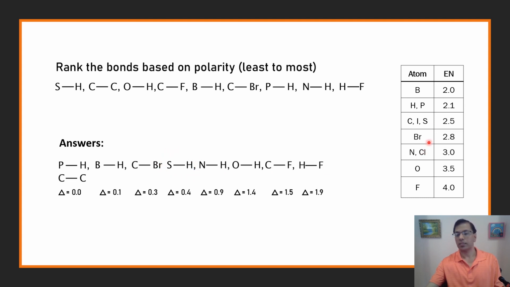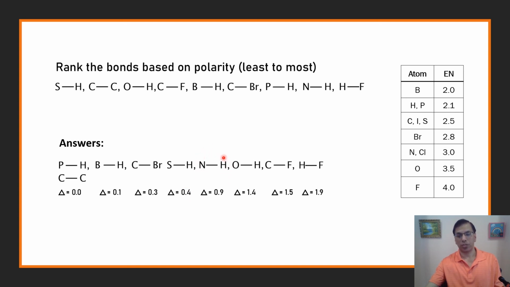In this case, sulfur has an electronegativity number of 2.5, and hydrogen has an electronegativity number of 2.1, and so the difference is 0.4. So all these bonds which have electronegativity differences of 0.4 or less are nonpolar covalent bonds.